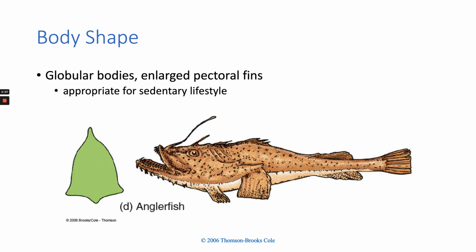Globular bodies with enlarged pectoral fins are fish such as anglerfish, frogfish, even hawkfish are kind of like this shape. And these are fish that normally sit on the bottom. They don't swim around too much. They have enlarged pectoral fins that they use almost as legs or like a tripod to hold themselves up.